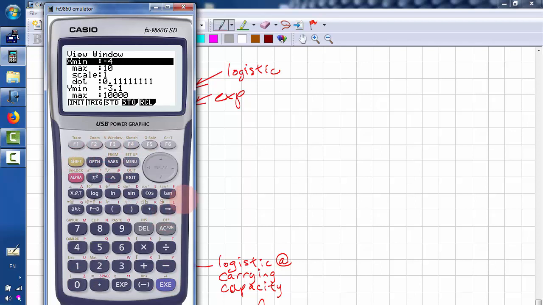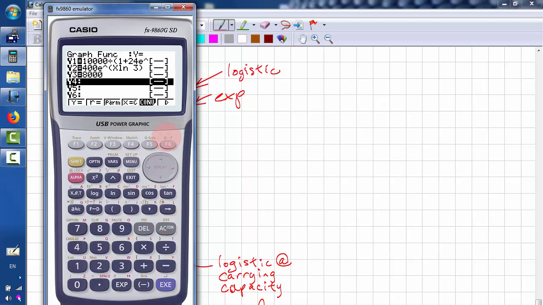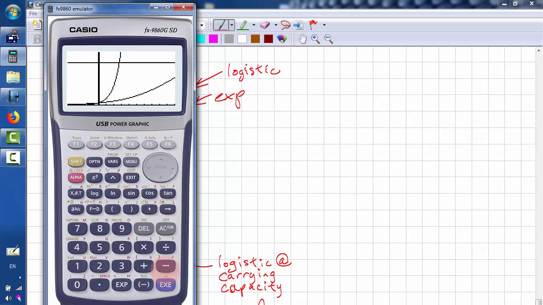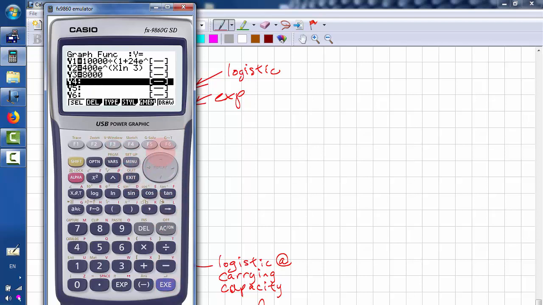and I've set my window here, and I need brackets around the ln 36.